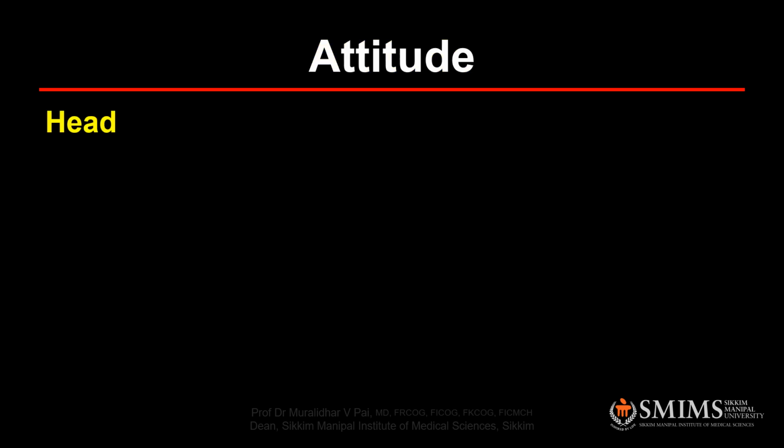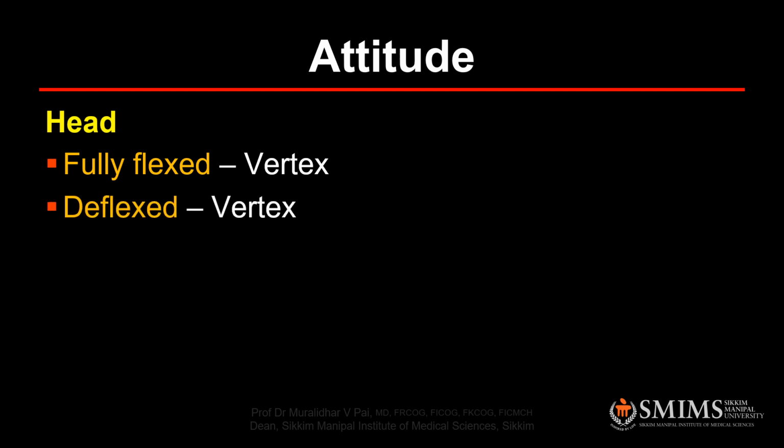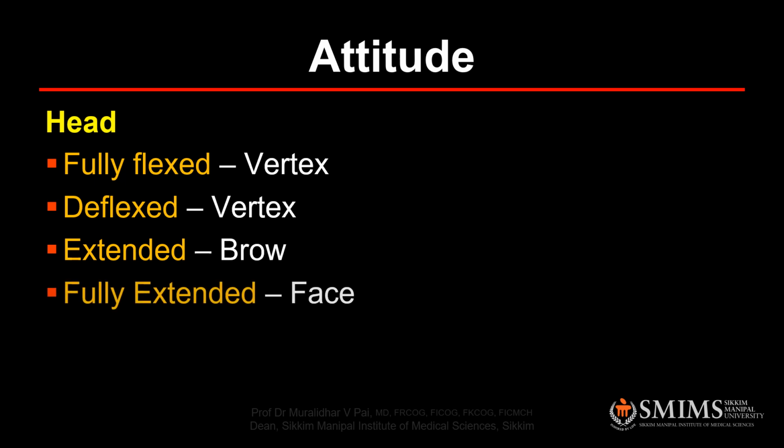In head, there can be different attitudes and accordingly different presentations. When the head is fully flexed, it is vertex presentation. When the head is deflexed, which eventually flex fully, it is still a vertex presentation. An extended head makes it brow presentation, whereas with a fully extended head, face will be the presentation.